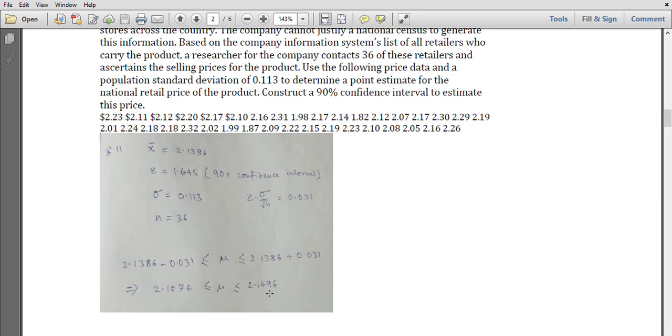So this is the confidence interval we can find. And they have also asked for the point estimate, which will be nothing but our x bar, because we are still trying to estimate the population mean. When we're trying to estimate the population mean, we use the sample mean as the point estimate. So here also x bar is our sample point estimate, and the value is approximately 2.1386.